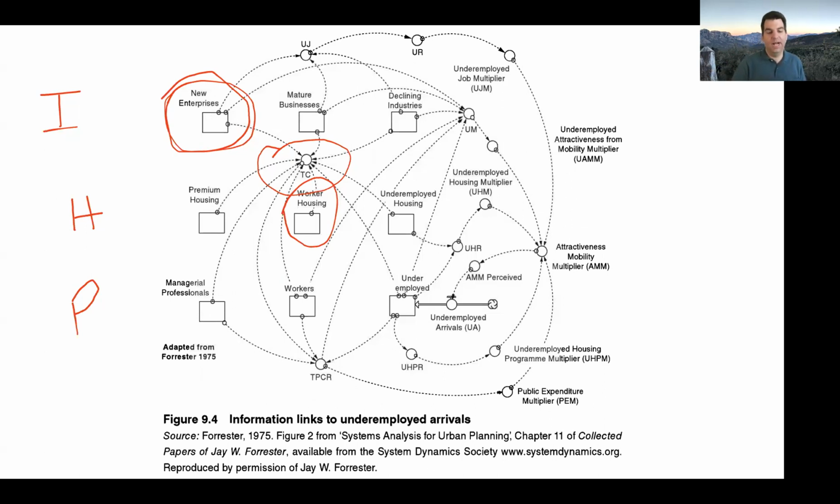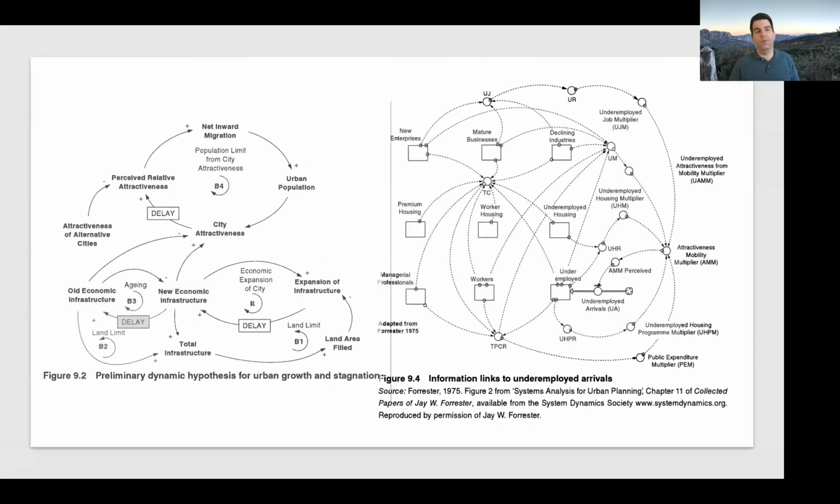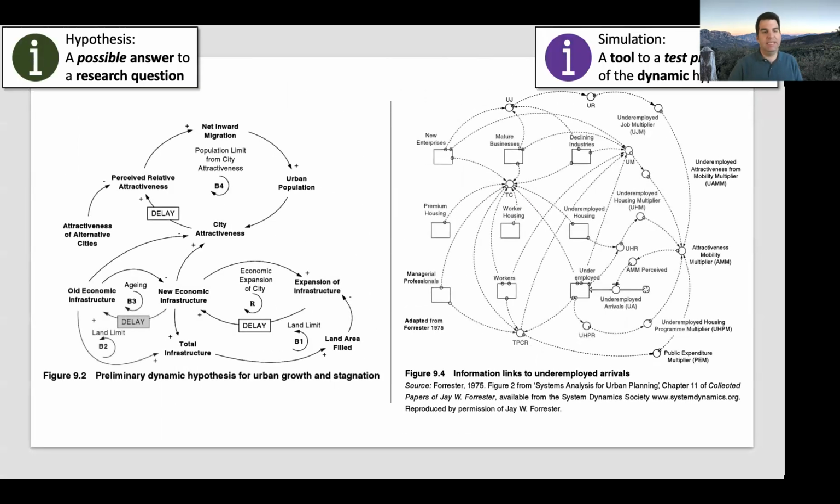Okay, so basically we've arrived at the point where we started at a basic causal loop diagram that describes our rough idea of how we think a city works. And then we have drilled down into a more detailed stock and flow diagram that is consistent with our causal loop diagram.